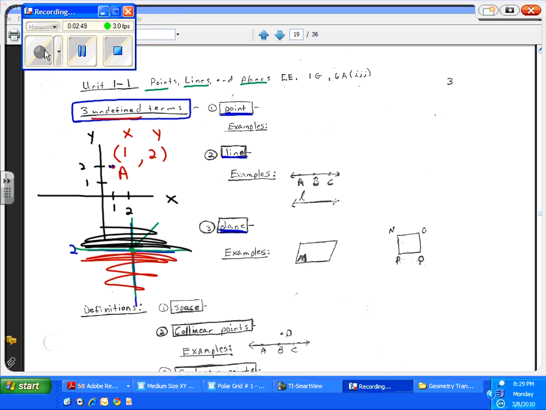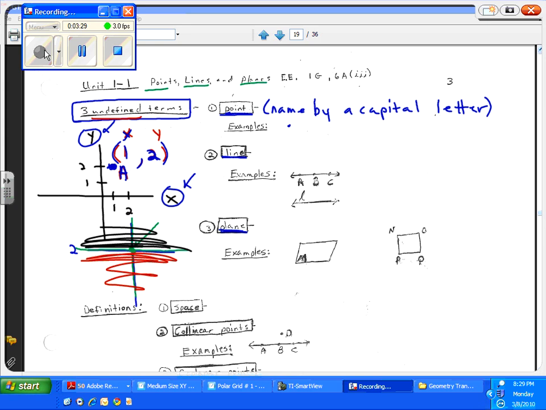Okay, so we name a point by a capital letter. As we did in algebra, we would have said, well, maybe there's a point here, point A, and we would say that the coordinates of that point A are 1, 2, where the 1 was the X move and the 2 was the Y move, known as the abscissa and the ordinate, and together the coordinates of the point.